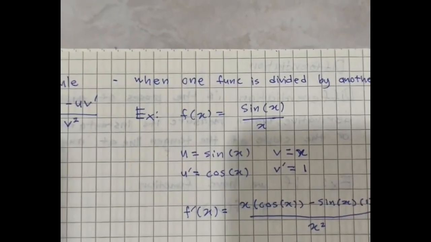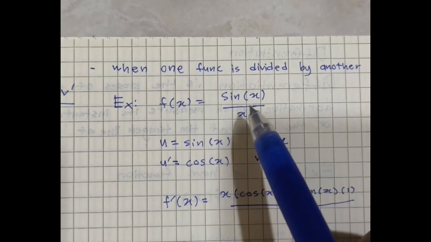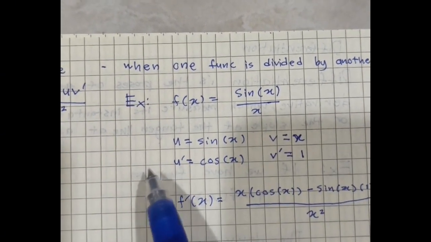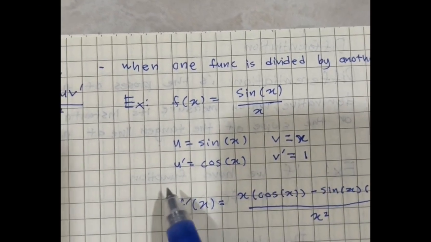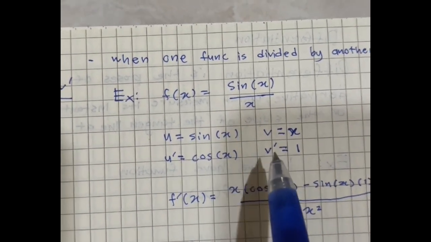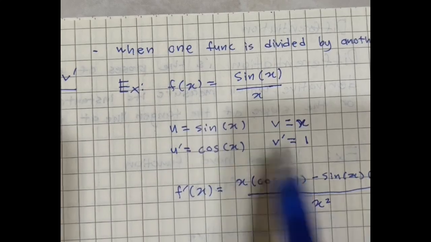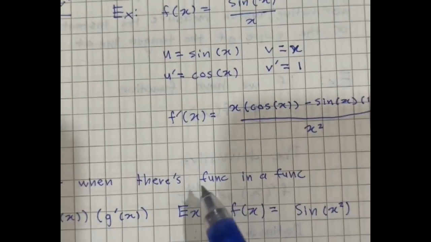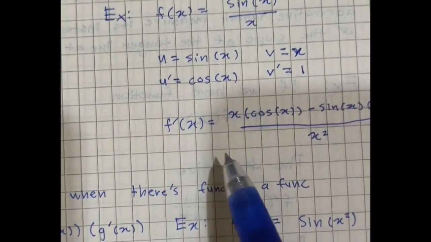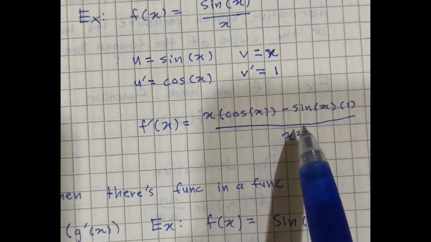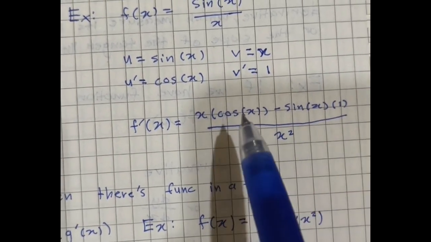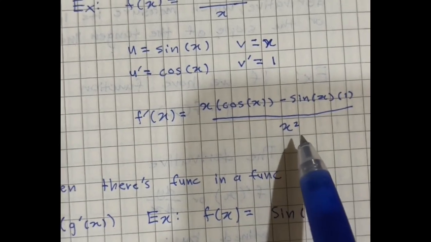For example, when f(x) equals sine x over x, u is sine x and v is x. u prime is cos x and v prime is 1. We put all of this in the formula and we get f prime x equals (x times cos x minus sine x times 1) over x to the power of 2.